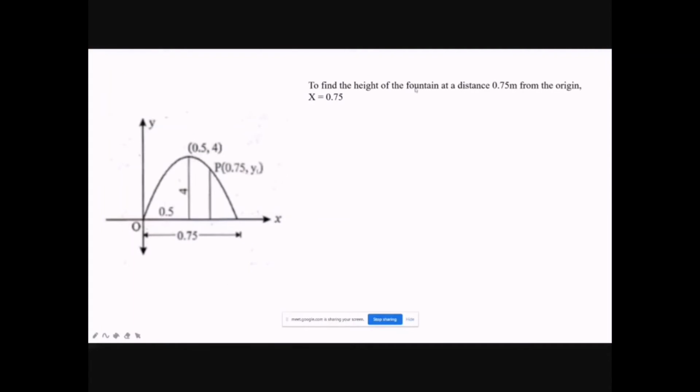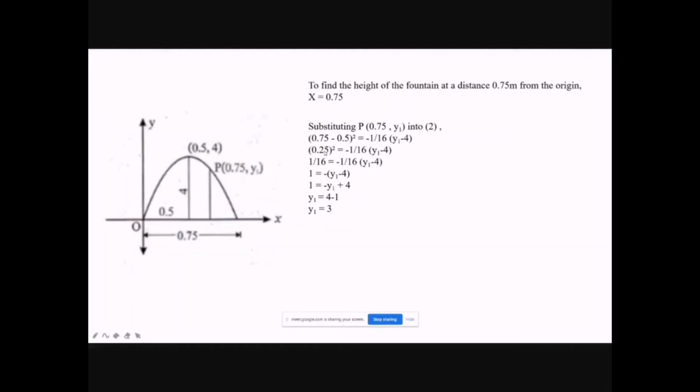To find the height of the fountain at a distance 0.75 meter from the origin, which is x equals 0.75, by substituting the coordinate (0.75, y1) into the second equation, we will get (0.75 minus 0.5) square equals negative 1 over 16 (y1 minus 4).